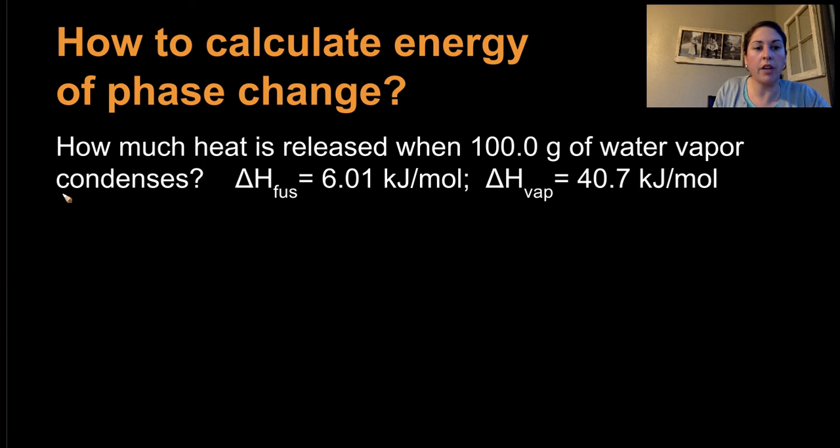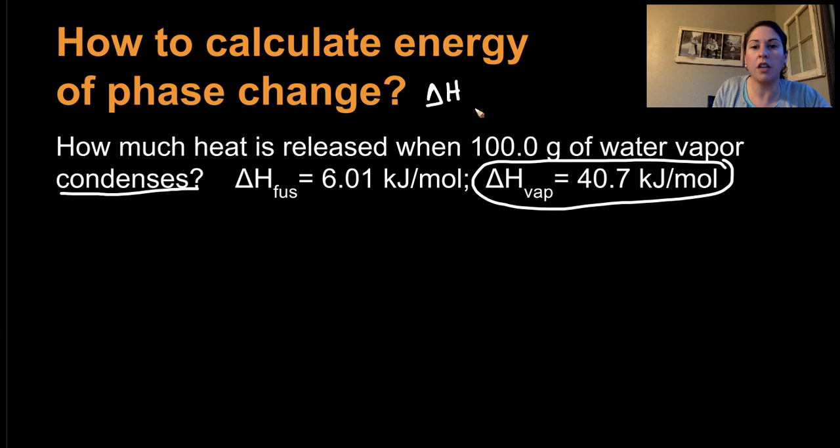Okay, so our process here is water vapor is condensing. So the value has to be similar to that of vaporization, but it's going to be the opposite, since the delta H of vaporization is equal to the negative delta H of condensation. Okay, so we're going to have to actually take the negative value of this one.